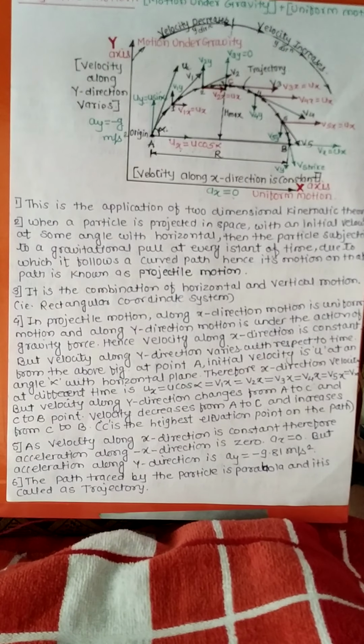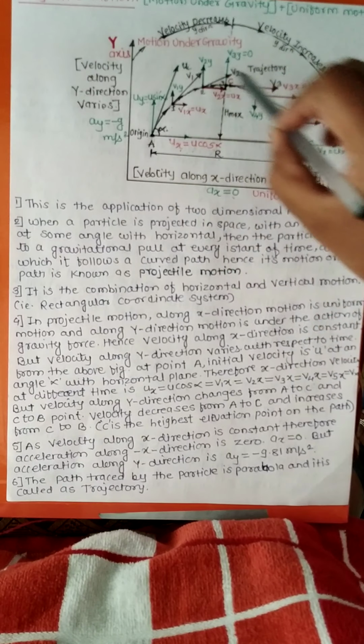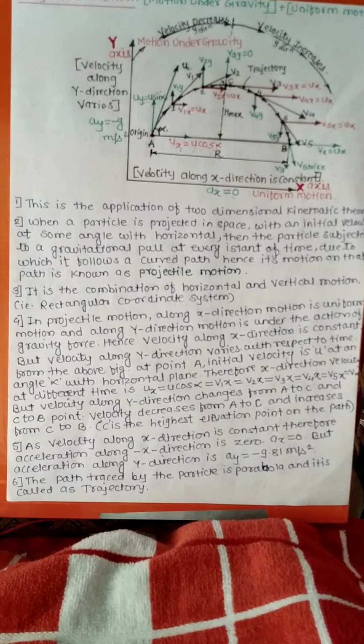As the velocity along the x direction is constant, we have defined that acceleration as 0, but acceleration along the y direction is defined as minus 9.81 meter per second square. The path traced by the projectile is always a parabolic path. It means the path traced by the projectile is a parabola, therefore it is called a trajectory.